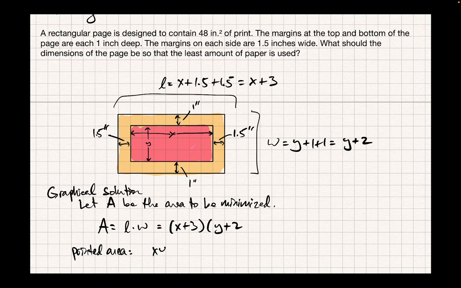So can you express the overall page in terms of just one variable, now that you have two equations that you can use to substitute? I would like you to rewrite the equation for A in terms of just one or the other of the variables. You choose. Do you have any idea what I'm talking about?